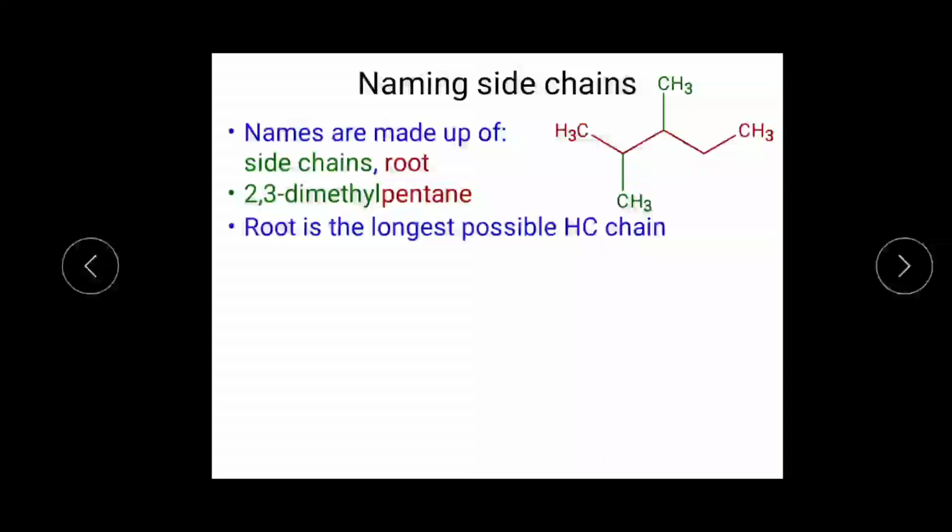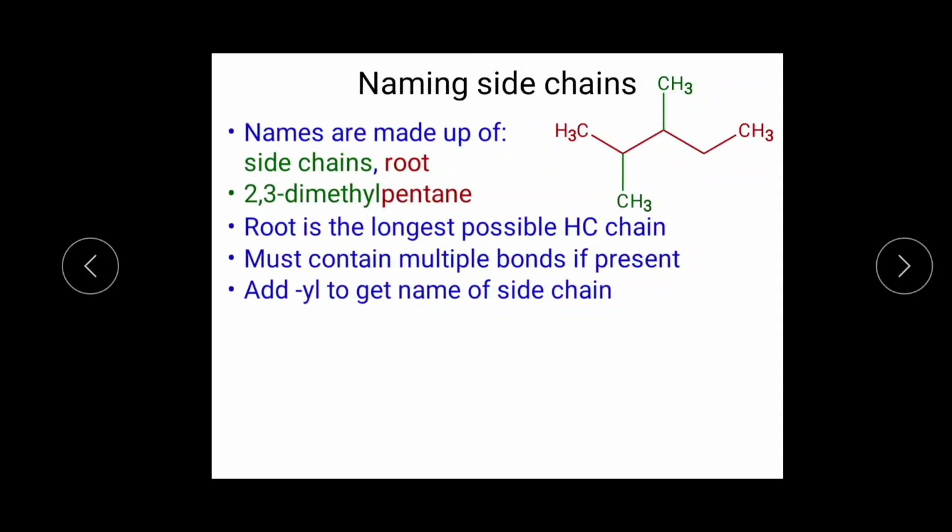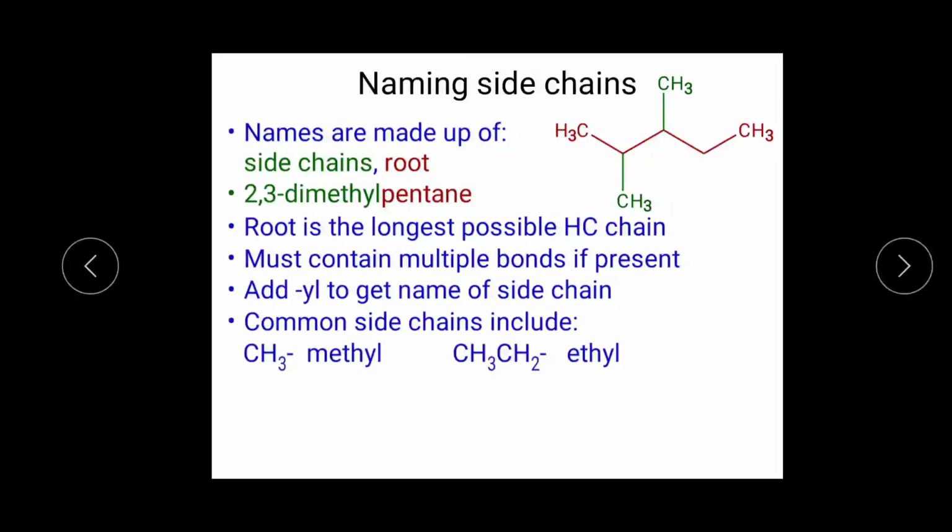So the root is the longest possible carbon chain. It must contain multiple bonds if present. And you add yl to get the name of the side chain. Common side chain names are CH3 for methyl, just like this one. This is a methyl. We have CH3CH2 for ethyl. We have propyl, and we have also isopropyl.